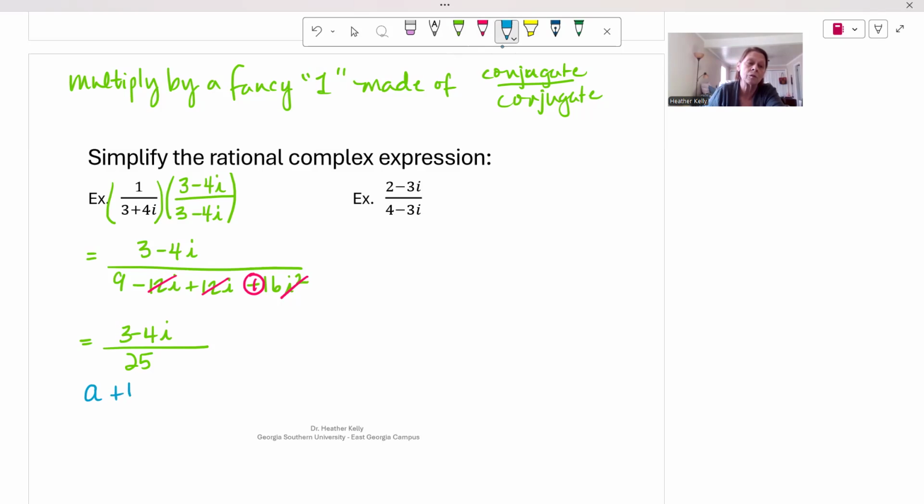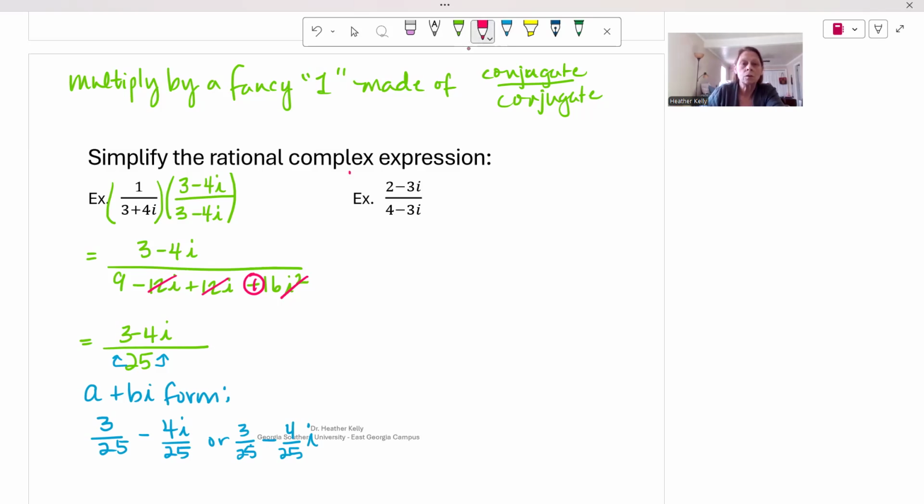So to put it in a plus bi form, we have to separate that 25. That 25 belongs to both pieces here, so it would be 3 over 25 minus 4i over 25, or you could also write it 3 over 25 minus 4 over 25 i. Those are completely equivalent. I'm not sure what your homework is going to require of you. I think the second one, but it might accept the first one.